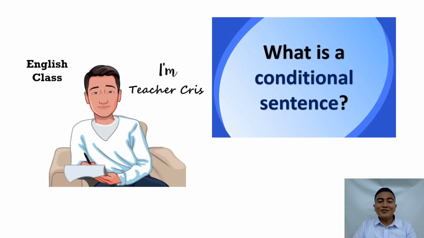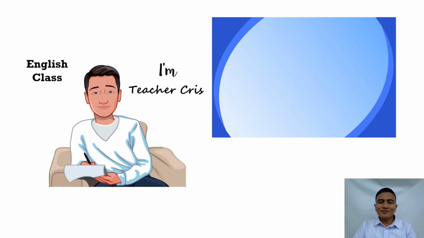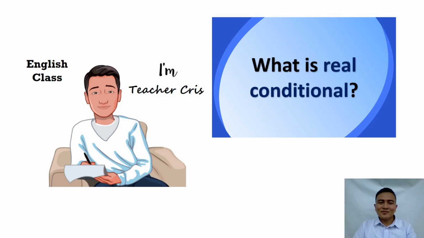What is a conditional sentence? A conditional sentence expresses the idea that the action in the main clause or the result clause can only happen when a certain condition, or the clause that begins with if, is fulfilled. What is real conditional?